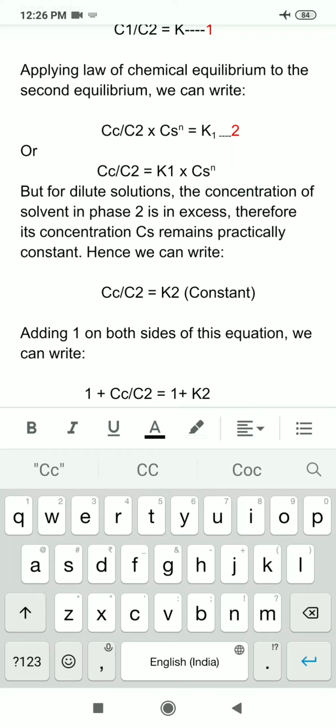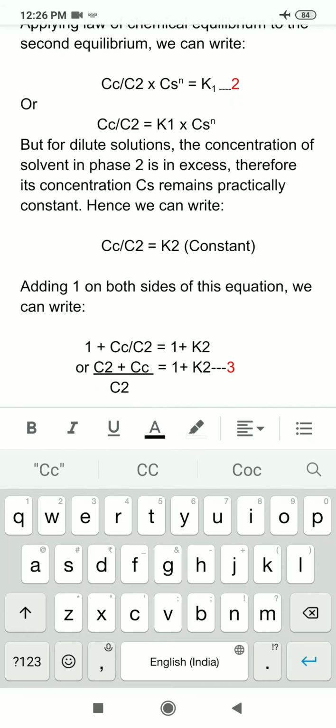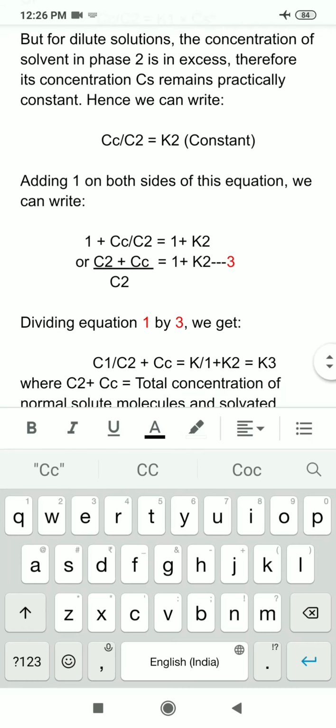Now adding 1 on both sides of this equation, we can write 1 plus Cc upon C2 is equal to 1 plus K2, and taking LCM on left hand side, I can write C2 plus Cc upon C2 is equal to 1 plus K2. This is equation 3.